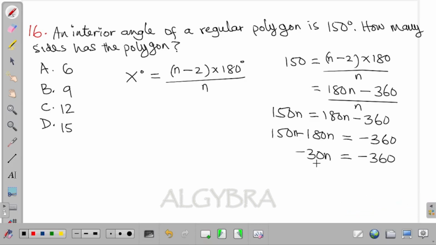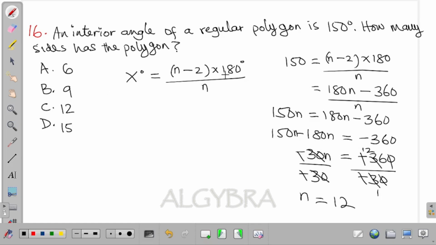If I want to make n the subject of the formula, I divide by negative 30 on both sides. So negative cancels negative, and 30 cancels 30. I'm going to have that n is equal to 360 over 30. The zero can cancel out, and then I have that 36 over 3 is equal to 12. So therefore my n is equal to 12.